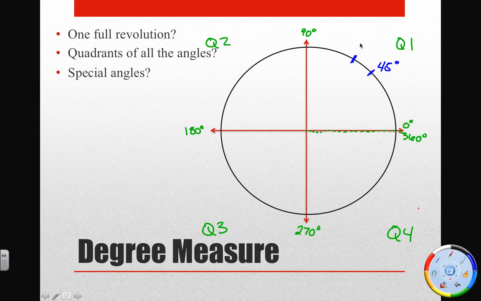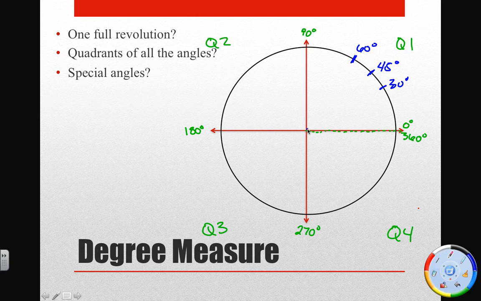We had a 60-degree angle, and a 30-degree angle because you made the 30, 60, 90 triangle. So these are our special angles. And they don't just show up in quadrant 1.